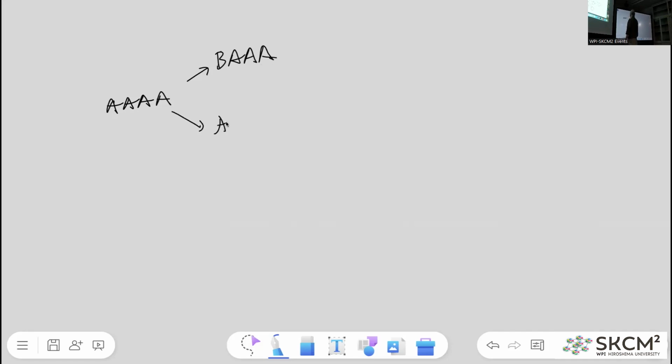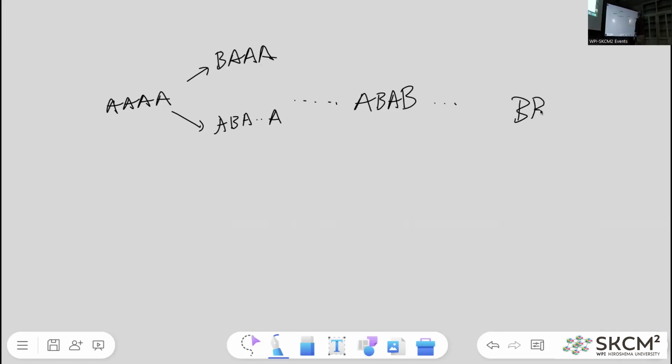You could turn the second one into a B and leave these alone. And this will go on, and you may have something like A, B, A, B over here, and eventually all the way over here. What you're looking at is a general cube. This would be a 4-cube rather than a 3-cube. And if you had 5 of these, it would be a 5-dimensional cube. So it's like the simplices going on.